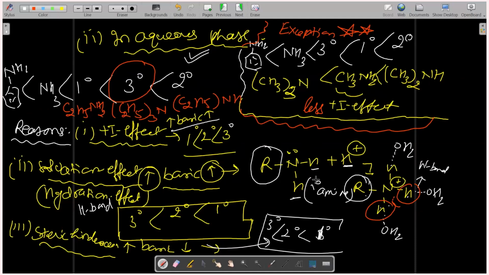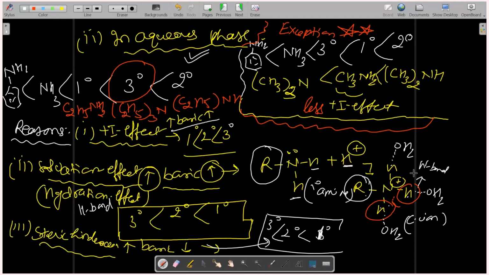So this primary amine's conjugate ion has three hydrogens, and due to the three hydrogens it forms hydrogen bonds with the water molecules. So there is formation of one hydrogen bond, two hydrogen bonds, three hydrogen bonds. With more hydrogen bonds formed with water, more energy is released, meaning high hydration energy and high solvation effect.